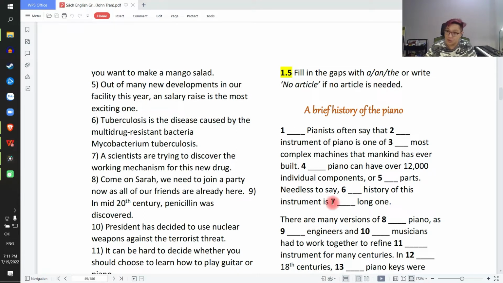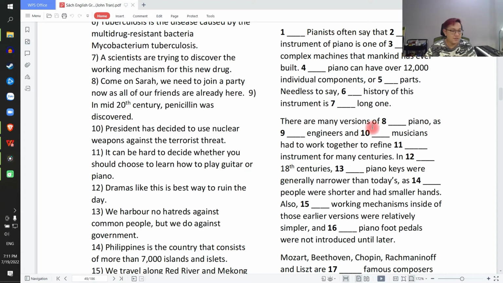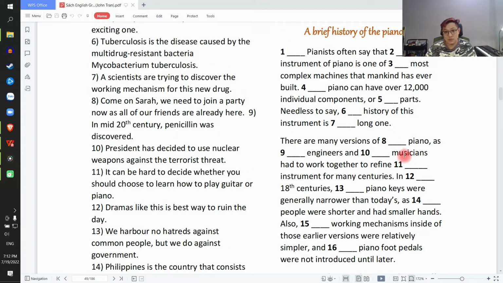Okay, so number 8, there are many versions of the piano. Now we want to talk about the piano. Piano has already been mentioned, so it's definite.